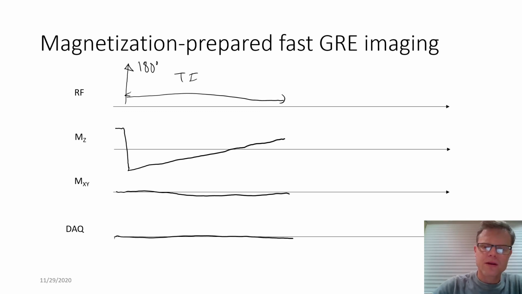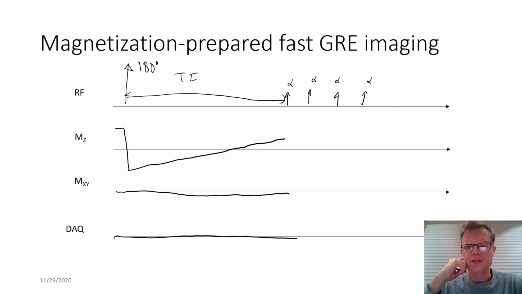But then, once we get to this point, instead of doing a single 90-degree pulse, we'd actually do a train of small flip angle pulses. And the purpose of this, which is what's going on at the bottom, is that we can do a bunch of different data acquisitions for a single preparation pulse like this.